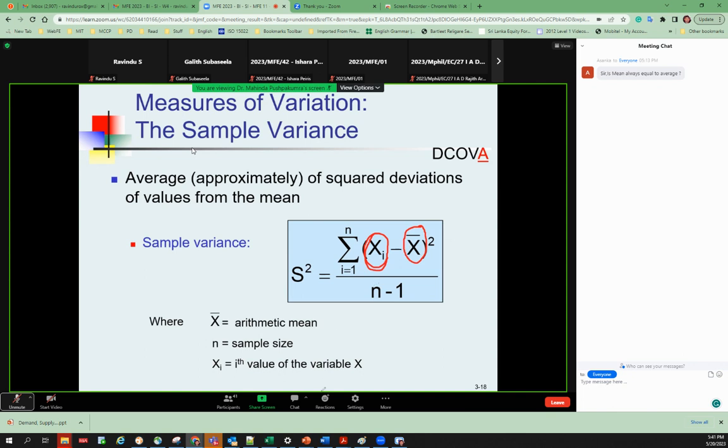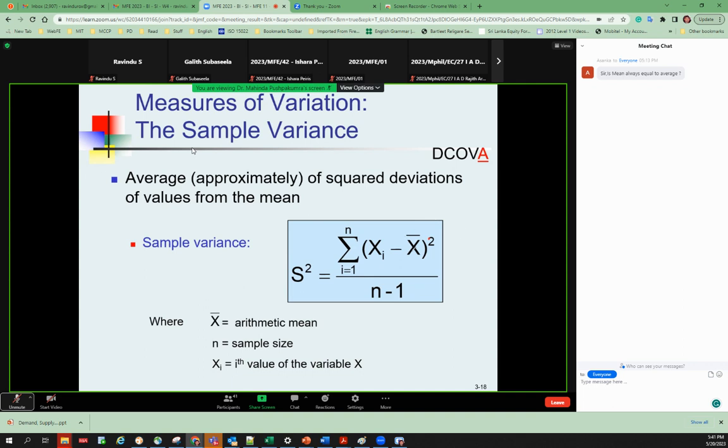Okay. Then when we calculate variance, why do we take the square of it? To get the average value, we divide by n minus 1. And why do we take the square of this?